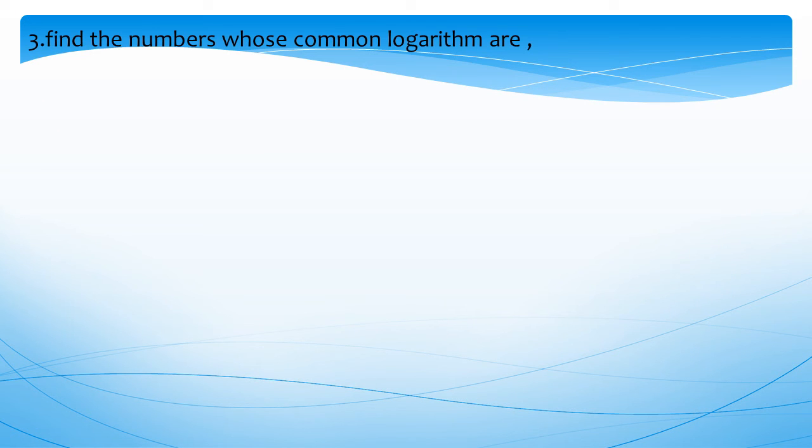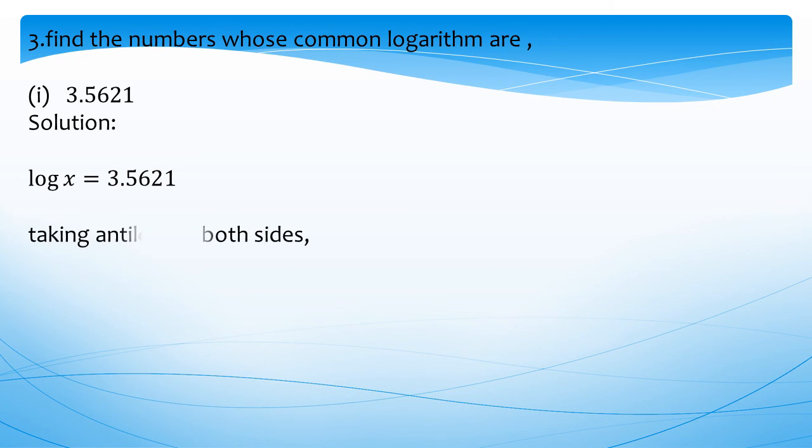Question number 3. Find the number whose common logarithms are: Part 1, 3.5621. In a solution, log of x is equal to 3.5621, taking antilog on both sides. When we apply antilog, log and antilog cancel out with each other and the remaining value is x equals antilog of 3.5621.